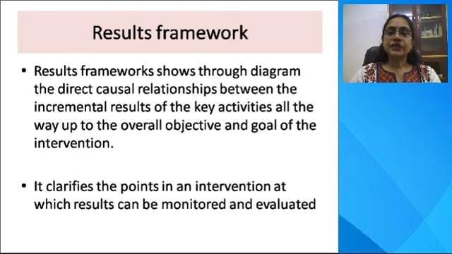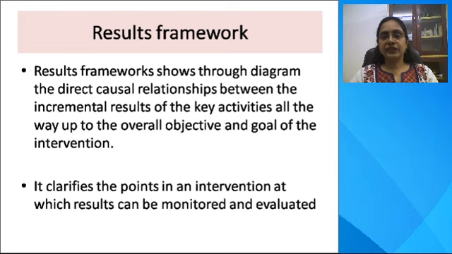The results framework shows through a diagram the direct causal relationships between the incremental results of the key activities. That means what result is going to lead to what result. And it is incremental, that means what smaller steps need to be achieved in order to achieve the greater step.